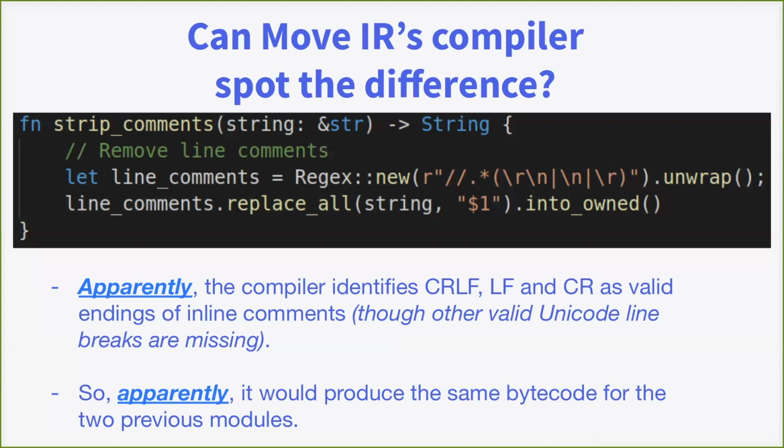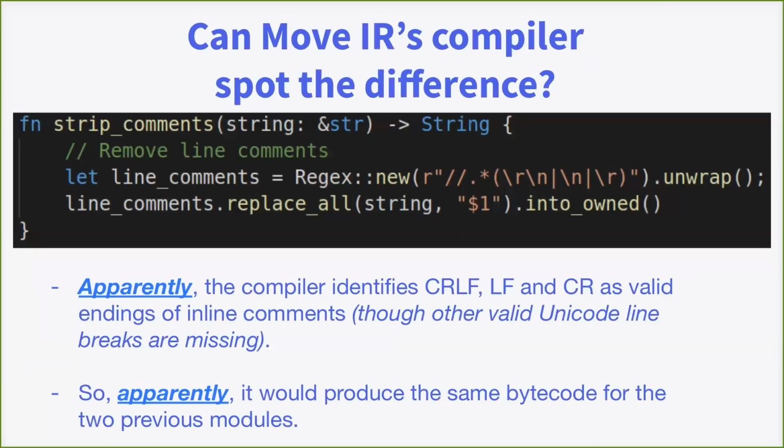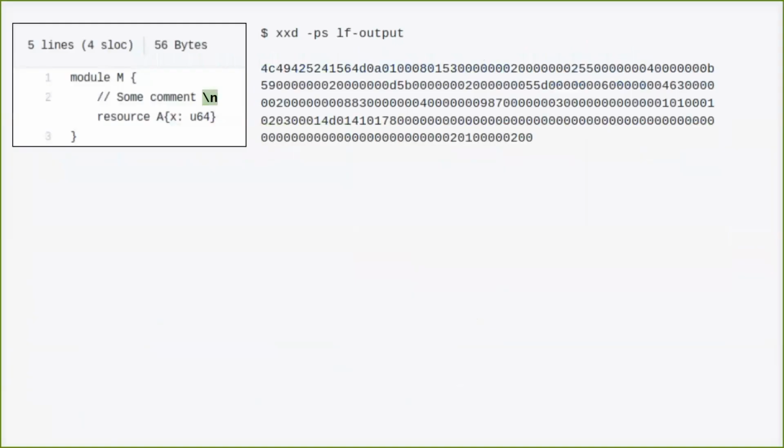So apparently, for modules that have an \n or \r at the end of an inline comment, it would detect it the same. You know, these two modules that we saw should produce the same bytecode from what we see in this function. But that is not the case.